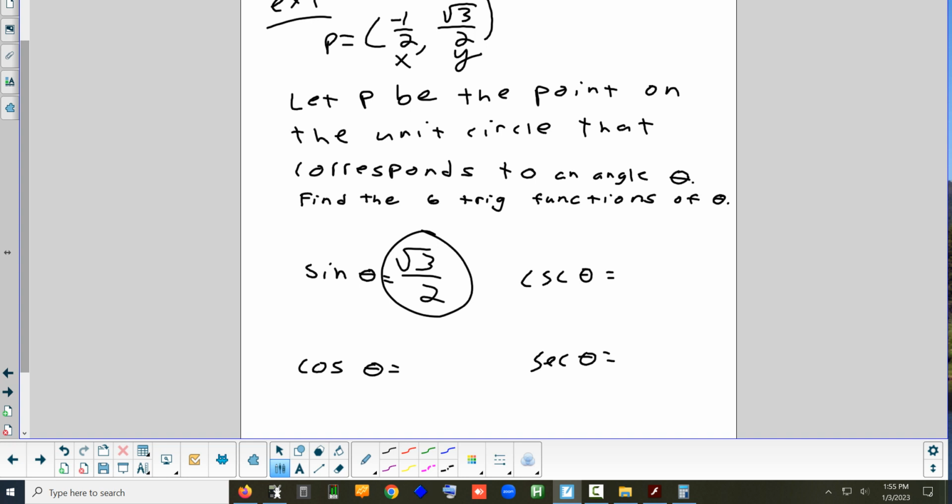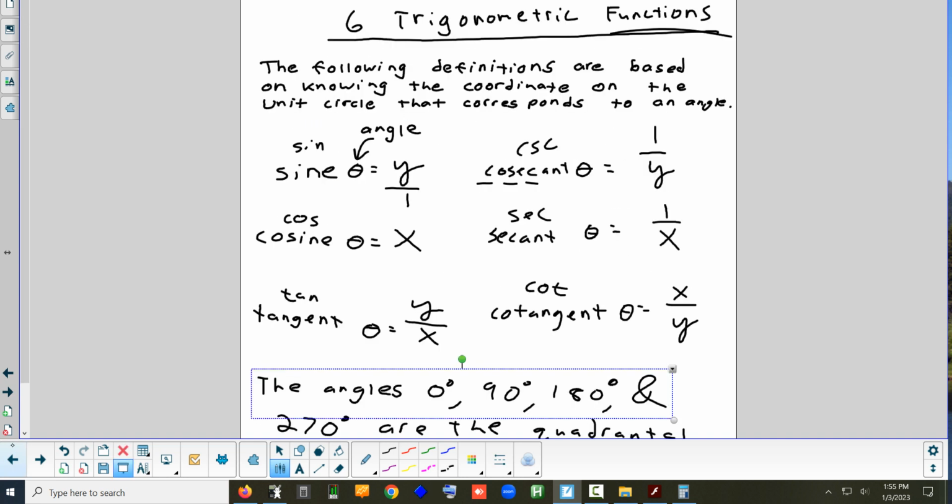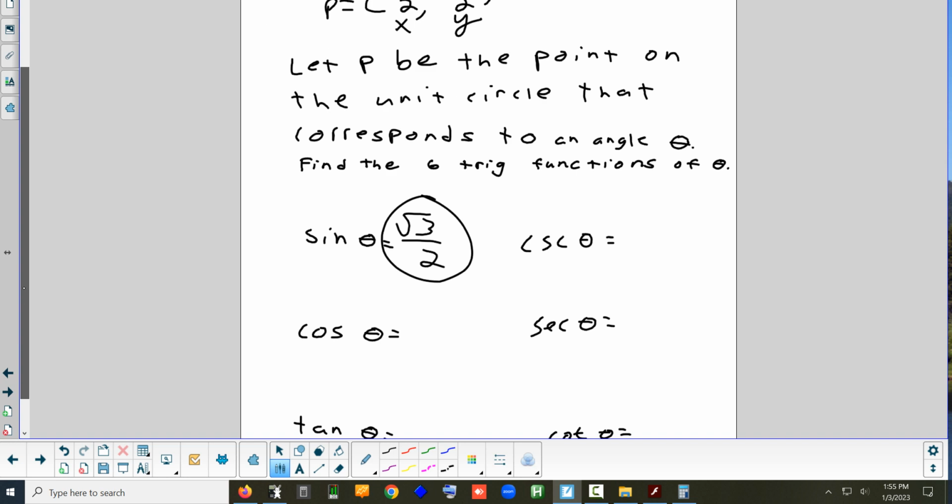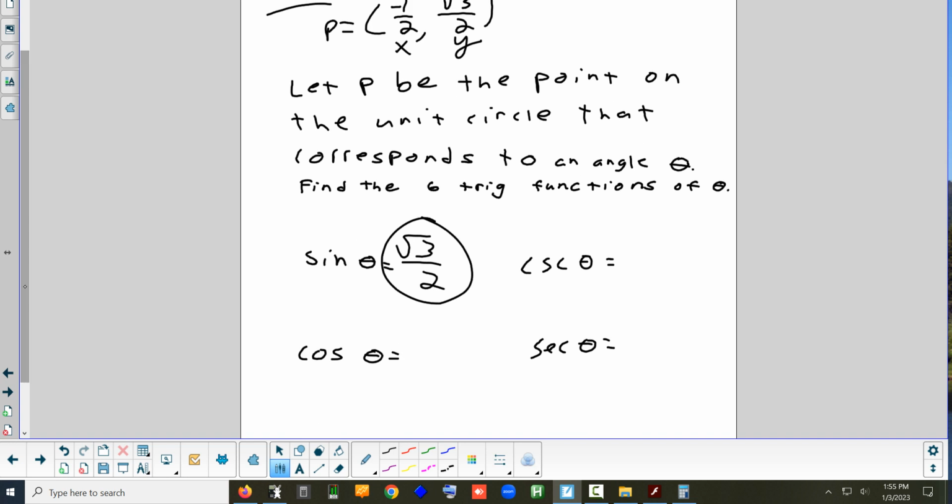Austin, what's my formula for cosine? It's the x. Cosine is equal to x. And how about Tony? What's my x value in this one?